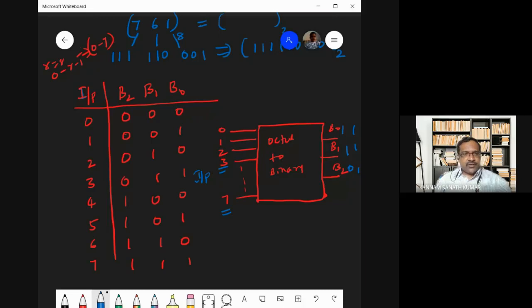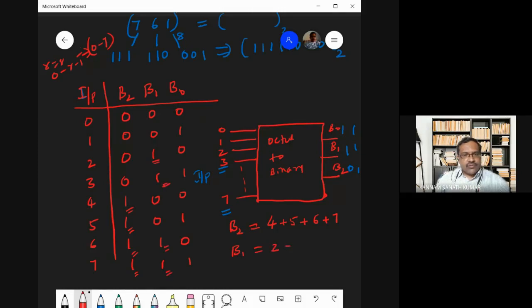Now you can write the expressions for B2, B1 and B0. B2, wherever you have 1: 4 you have 1, 5 you have 1, 6 and 7. So that means 4 or 5 or 6 or 7. And B1 is 2 or 3 or 6 or 7.